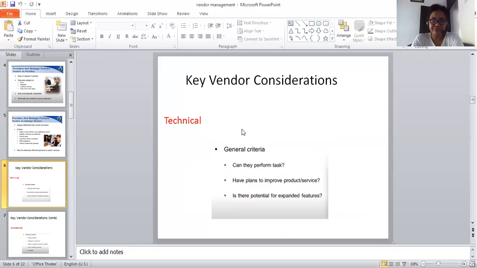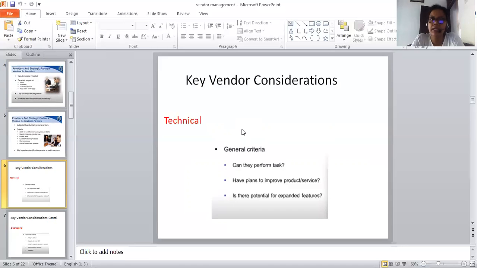For example, we know that in most companies the HRIS, the Human Resource Information System, is outsourced. So we are taking the support from a vendor.